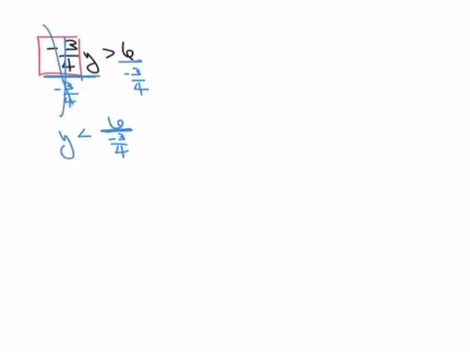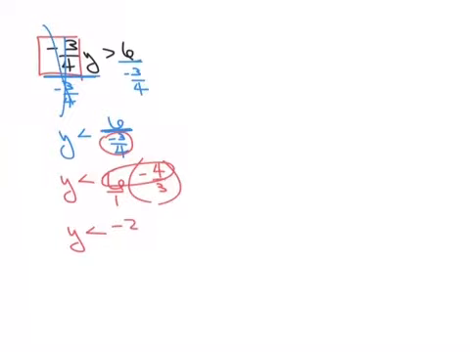All right, then remember we take the bottom fraction and we invert and multiply. So we just do this times negative 4 over 3. And we write that as 6 over 1. So y is less than negative 24 over 3, which is equal to negative 8.